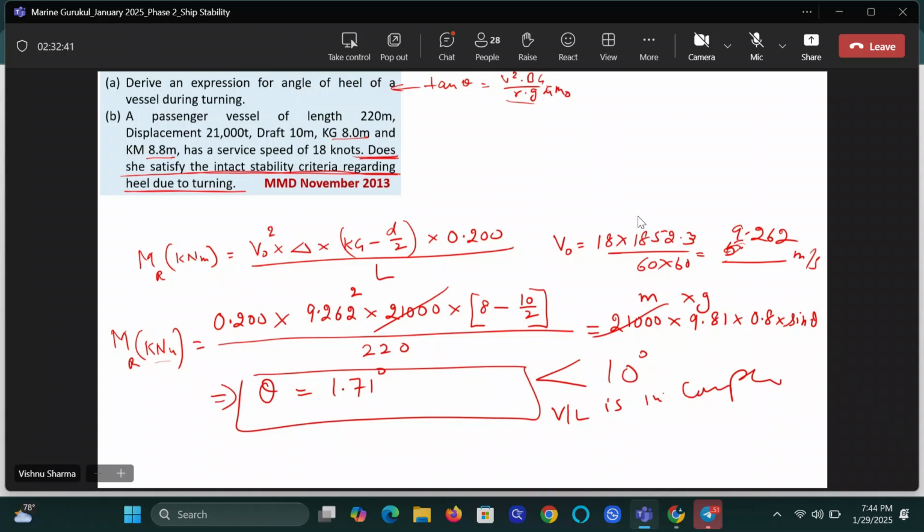See, if it is clear and if you don't have any doubts, then I am done for the day. We have done two important things, and I have shared with you the questions on these two topics. Can you see if the questions have reached you? Yes, sir. Received. Okay. So we have done these two topics, inclining experiment and heel during turning. Tomorrow morning, we can connect at 9:30.